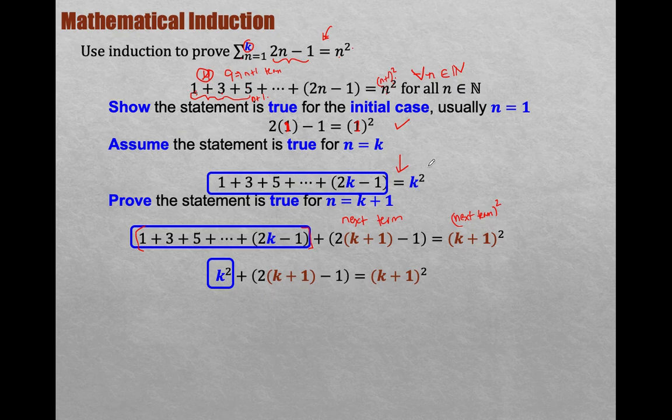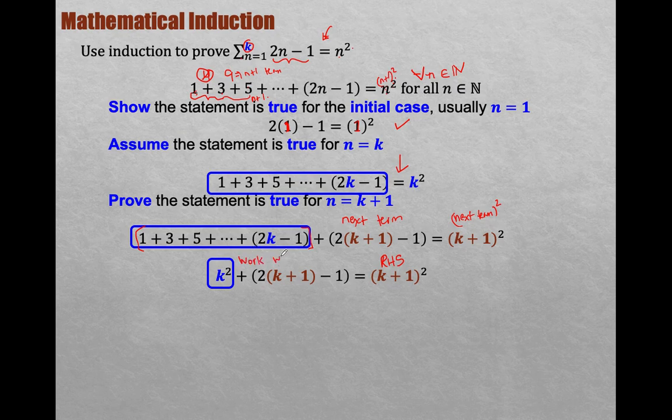Now, when you're doing these proofs, most of the time you leave the right-hand side alone or do some minor changes. Don't go crazy on the right-hand side trying to simplify that. I am not going to expand that out. Okay? I'm going to look at the left-hand side and work with it first.